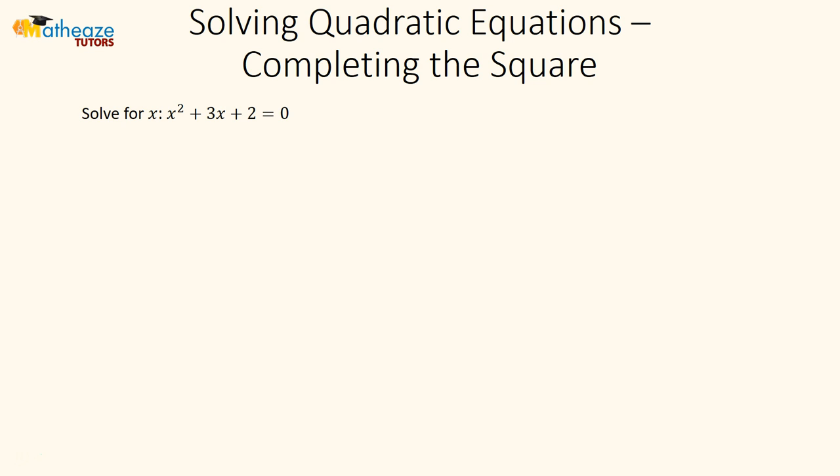Solve for x squared plus 3x plus 2. The coefficient of x squared is 1, so we don't need to do anything here. The first step is to move the 2 out, so it's x squared plus 3x is equal to negative 2.